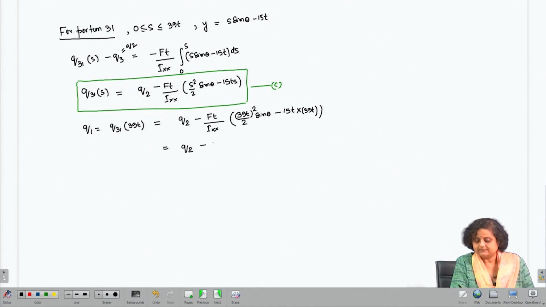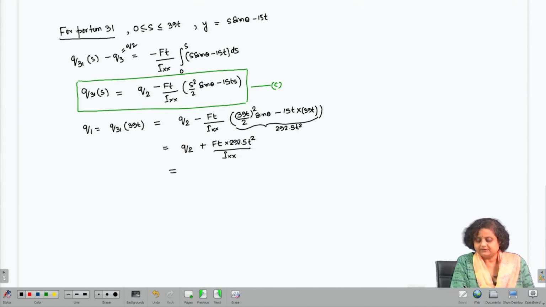Q2 minus Ft, and we are going to get this as plus Ft because of the minus sign, into 292.5 by Ixx. If we calculate this, this is going to become 292.5 t square.